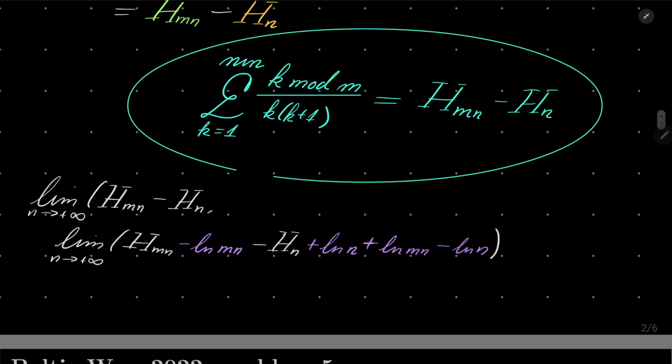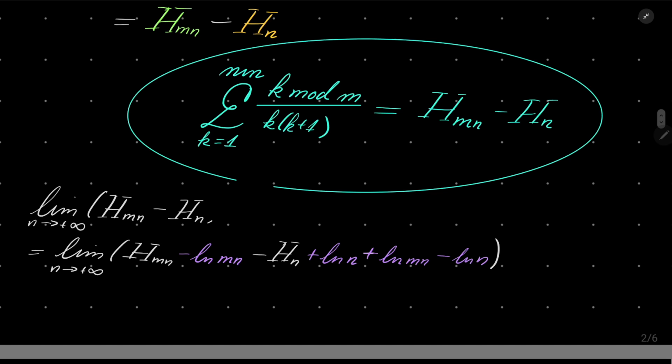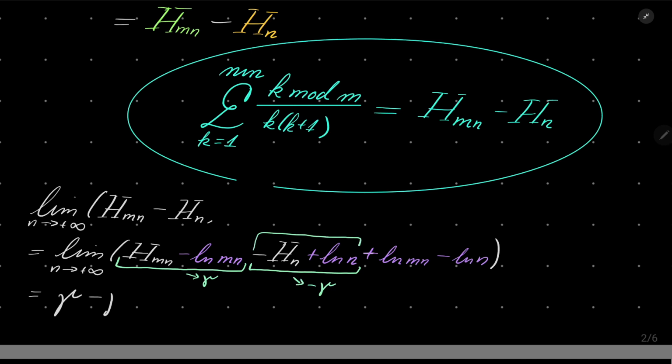Now everything is all right. And now, if you recall my hint from the beginning of my video, well, this goes to Euler-Mascheroni constant, and this combined with minus, it goes to minus Euler-Mascheroni constant. So it's gamma minus gamma.